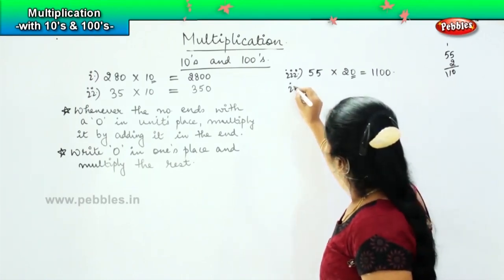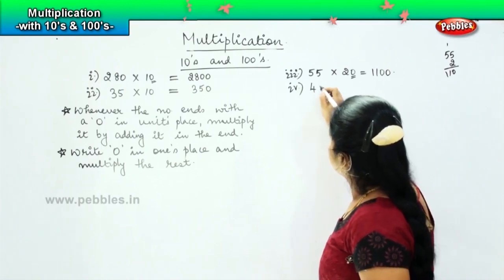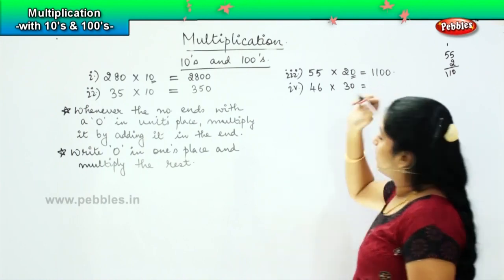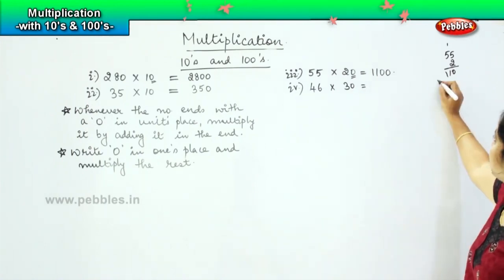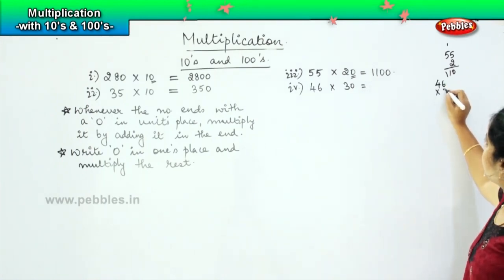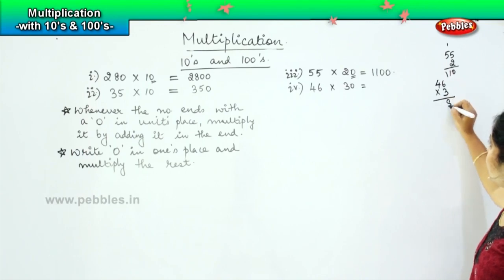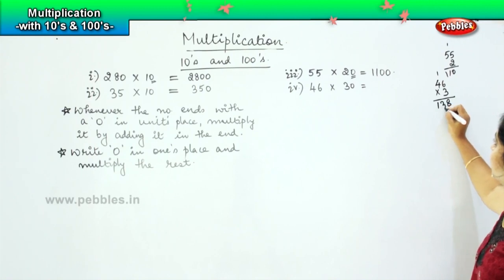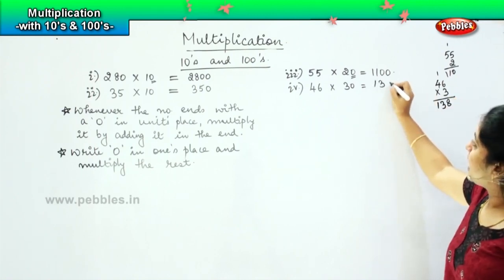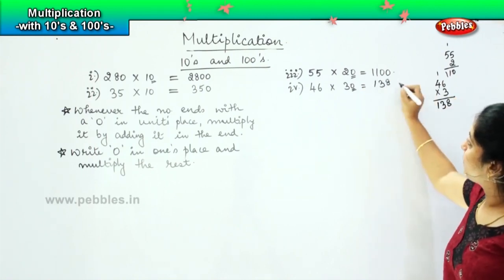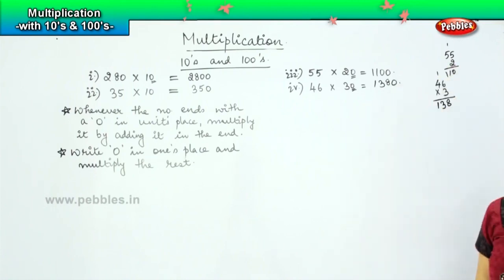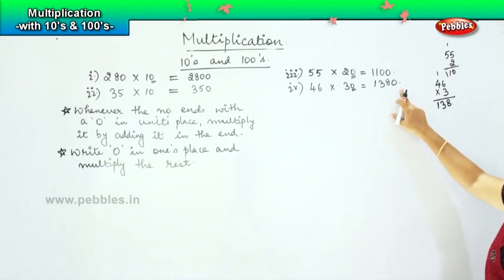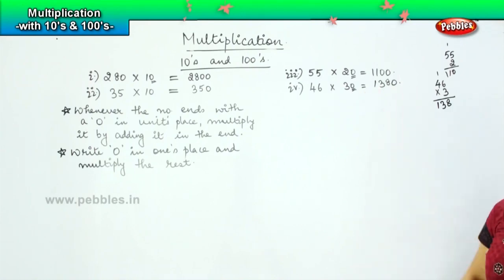Similarly, if I have a question, say 46 into 30. So, 46 into 3. So, 6 3s are 18, 1, 4 3s are 12, 12 plus 1 is 13. So, 138 and this 0 I will be adding here. So, how many zeros are there towards the units place? That many zeros we will be adding towards the end of our answer.